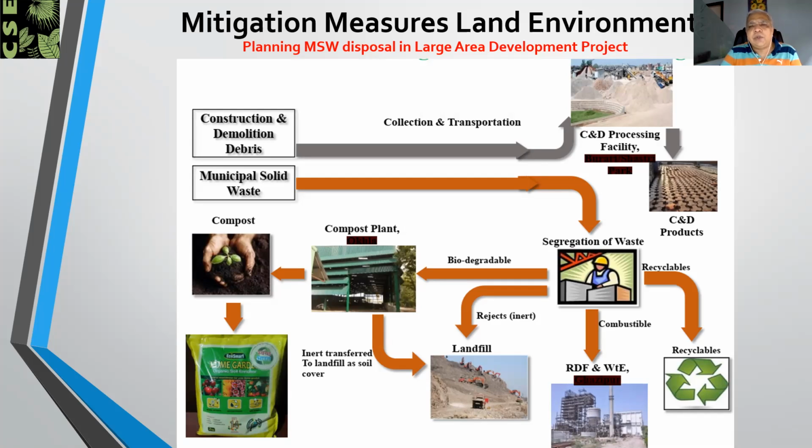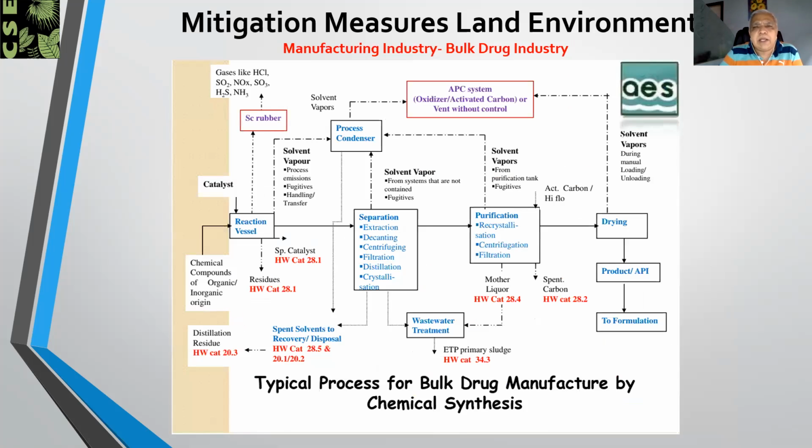It should not be sent to the MSW landfill. The MSW itself should be segregated into biodegradable, rejects, combustible, and recyclable waste. And then the disposal strategies may involve composting, landfilling, sending to a refuse derived fuel or a waste to energy plant, or to the recycling mechanism.